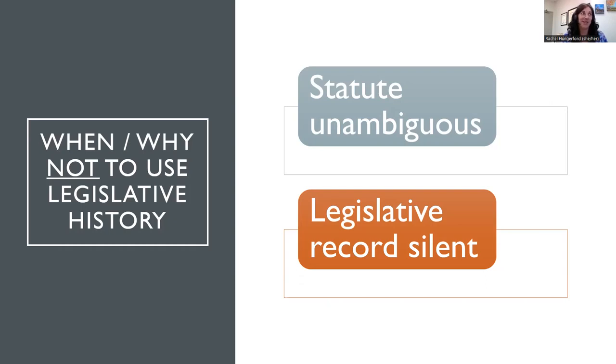And so the legislative record is going to be silent on a whole number of questions, and it's not going to be indicative of what the legislature was quote unquote thinking. It's just going to mean that this situation that arose later was not on anybody's radar.